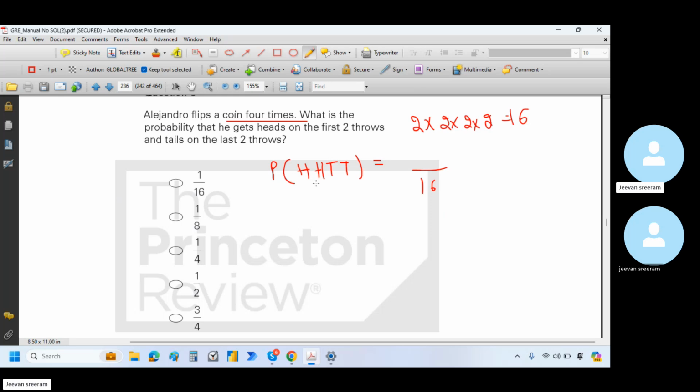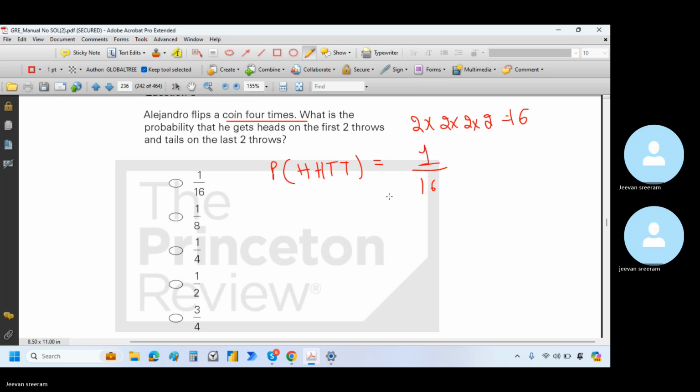Of course, I could interchange them, HHTT, THTH, HTHT, and so on. But the event is so specific: first 2 throws heads, next 2 throws tails. So there is only one favorable outcome, 1 by 16.